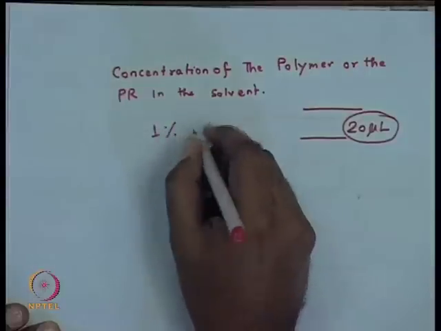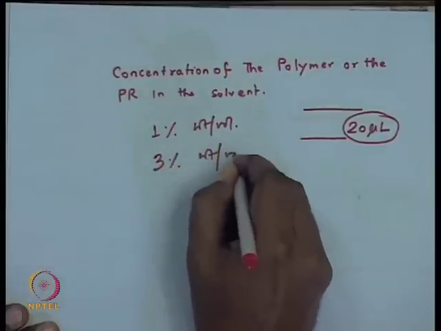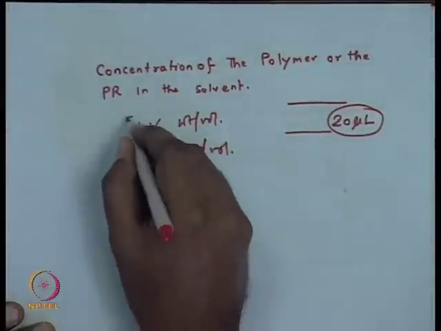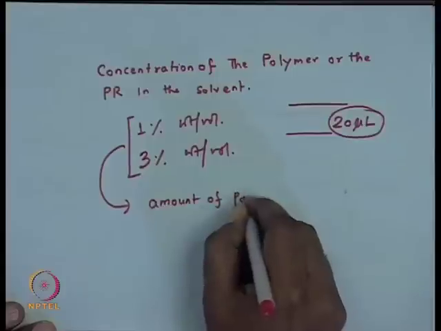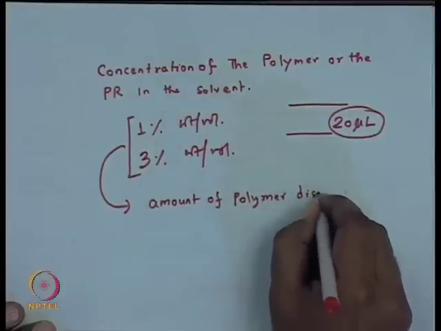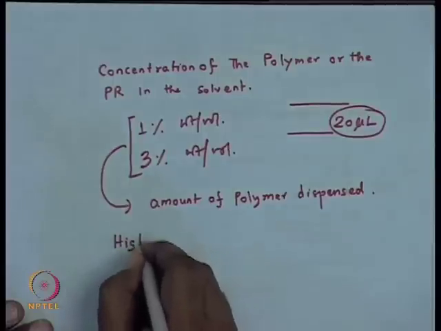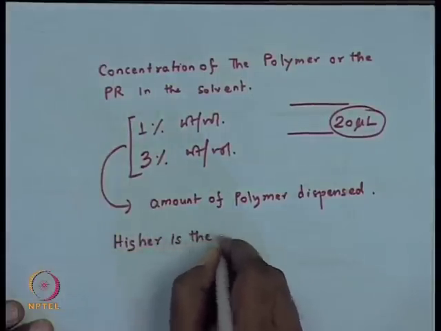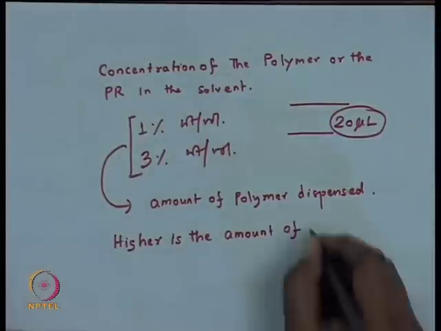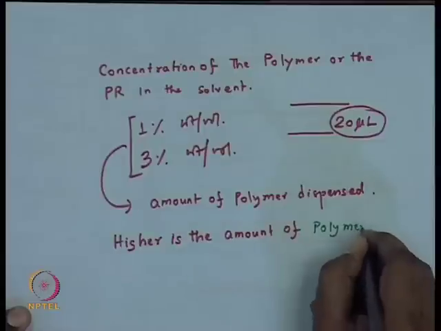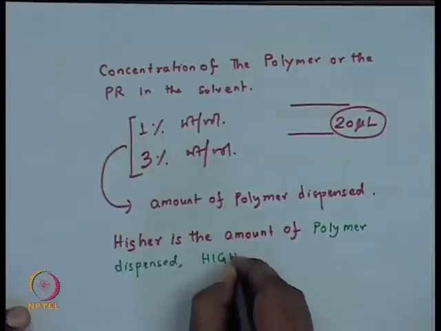Now, whether you have a 1% weight by volume concentration or a 3% weight by volume concentration is going to be critical, because this in turn is going to dictate the amount of polymer dispensed, and you can understand that the higher the amount of polymer dispensed, the higher will be the film thickness.